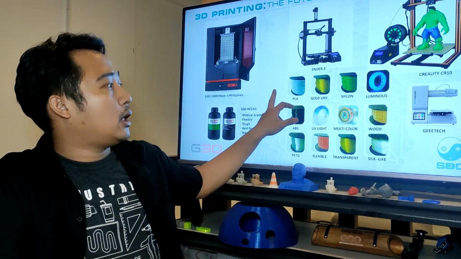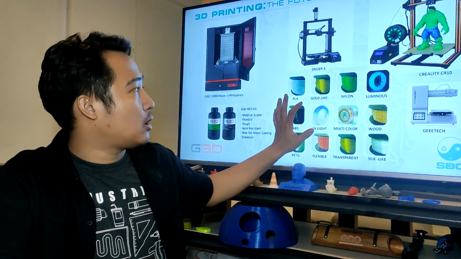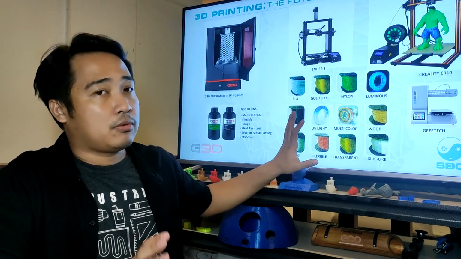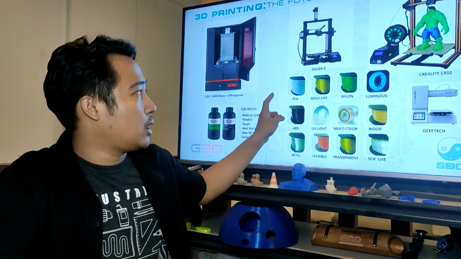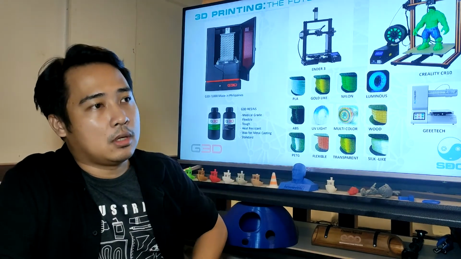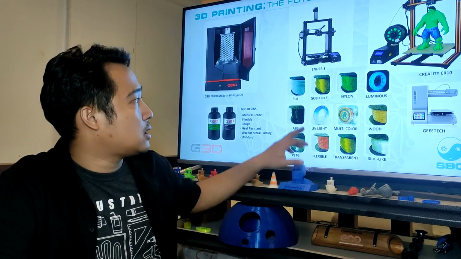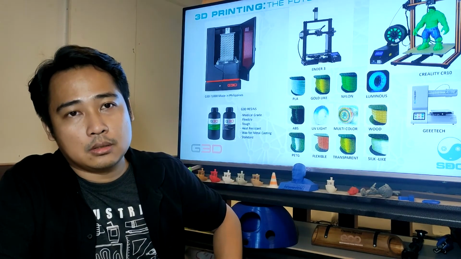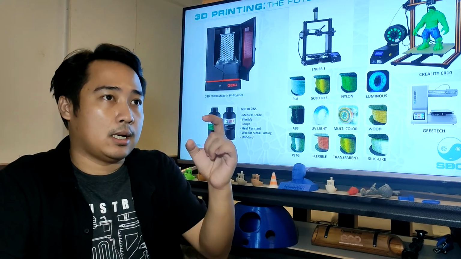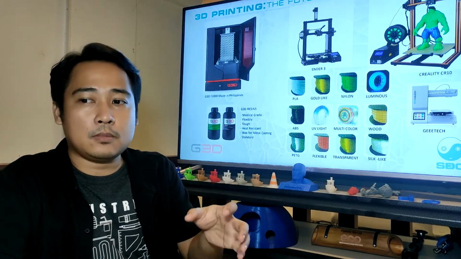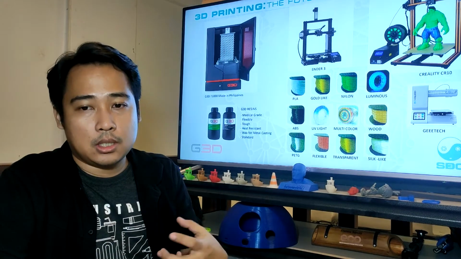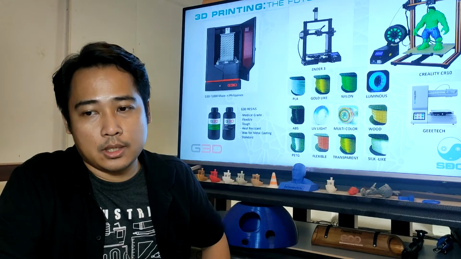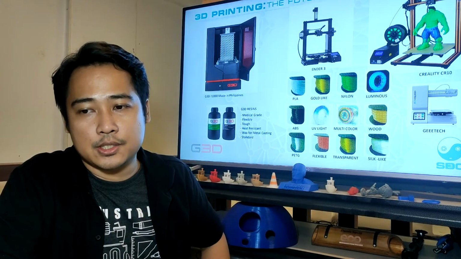So here are the different types of filaments. There are now a lot of materials that you can use in 3D printing for FFF or fused filament fabrication. So these are PLA, gold light, nylon, luminous, which after printing will glow in the dark. Then next is the ABS, which is the stronger type of filament used for gears.